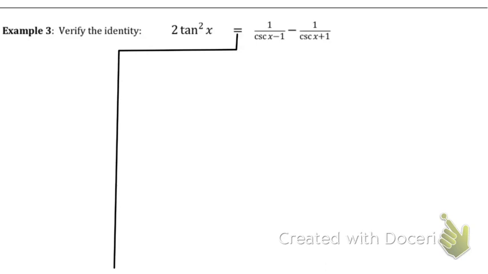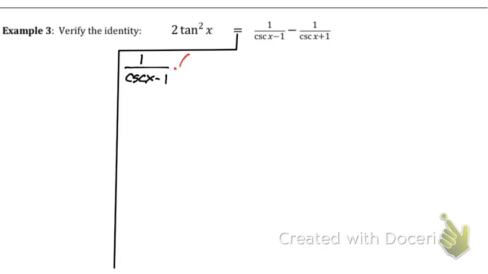I have 2 fractions. When I have 2 fractions, your general idea is push them together. In order to push them together, they have to have a common denominator, which means multiply either fraction by the other's denominator. So we're going to take this 1 over cosecant minus 1, and we're going to multiply it by the other denominator.